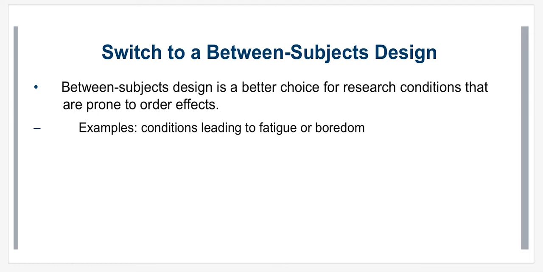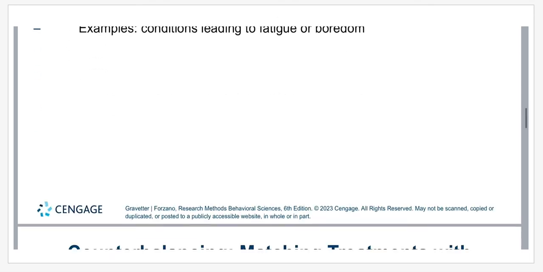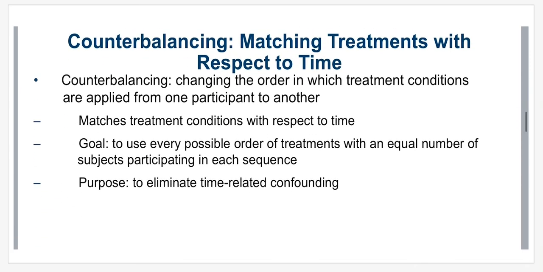So in order to compare those programs, or even to have a control condition where you didn't implement a program, you would need separate participants in each group. It would have to be a between subjects design in that scenario. So again, it really just depends on what your variables are and what you're studying.